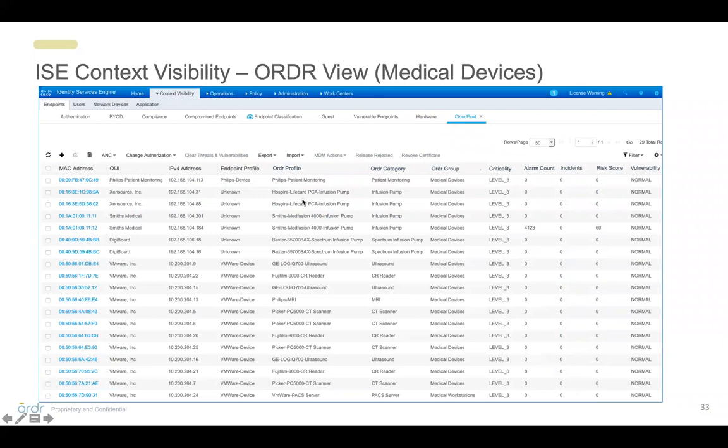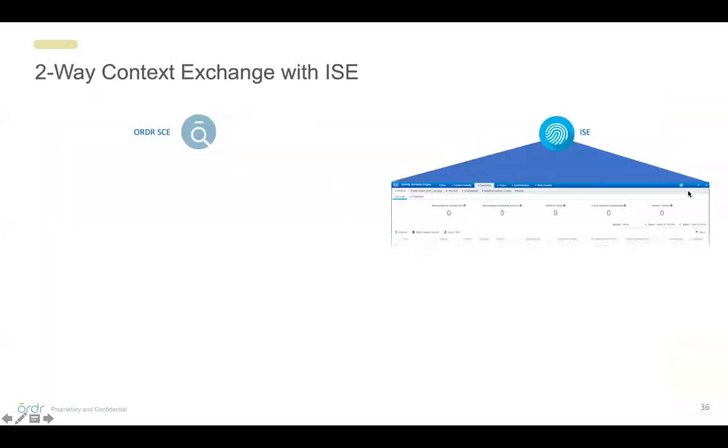And you're seeing here the high resolution classification, as well as the category that it was assigned to, and then its higher level grouping. We're also sharing security information, which is all visible. And this is an example of ISE context visibility.